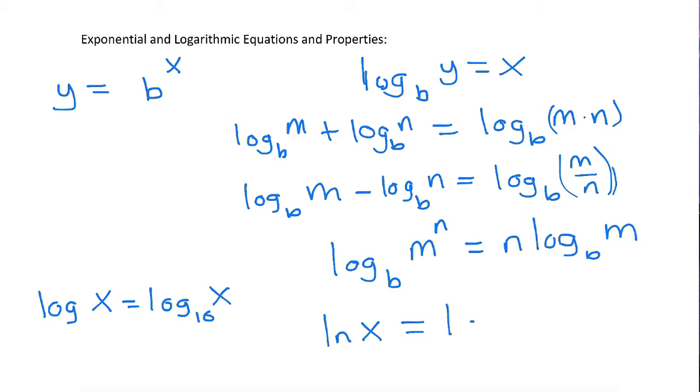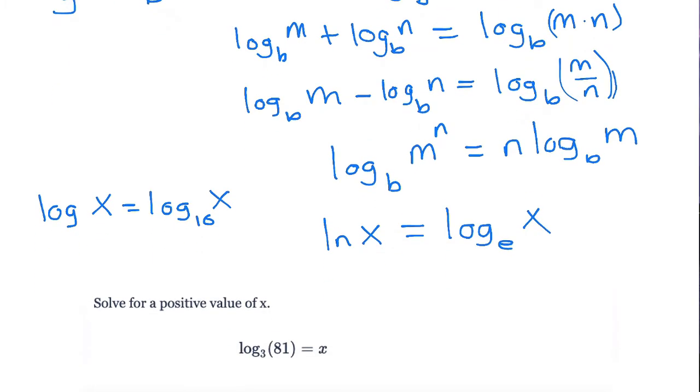that's log base e. The natural log is used a lot in exponentials because of the exponential power. So, for example, let's say y equals e to the x, then x is equal to the natural log of y.